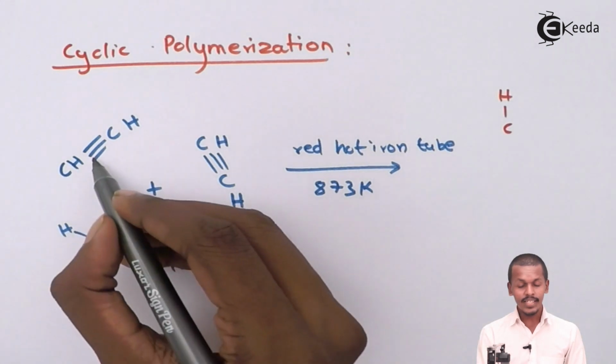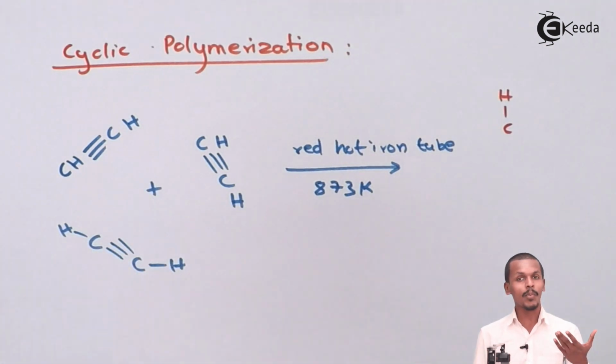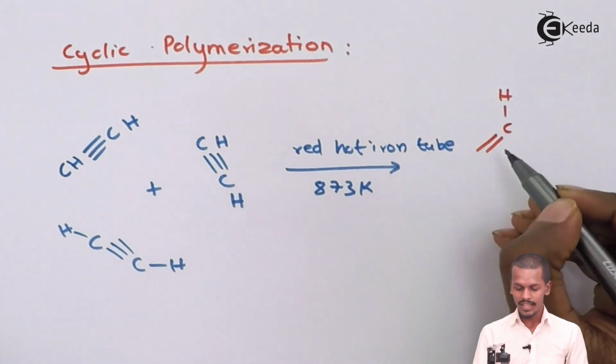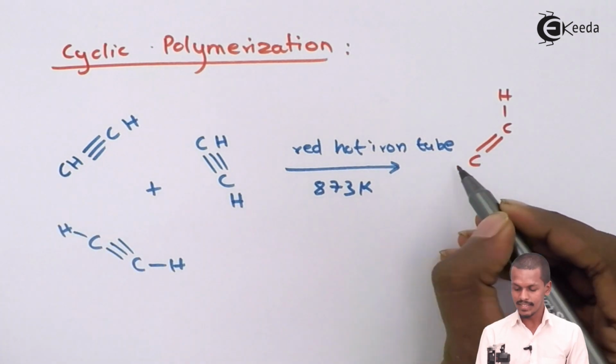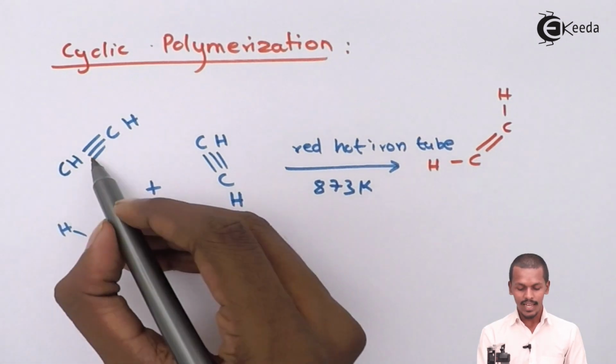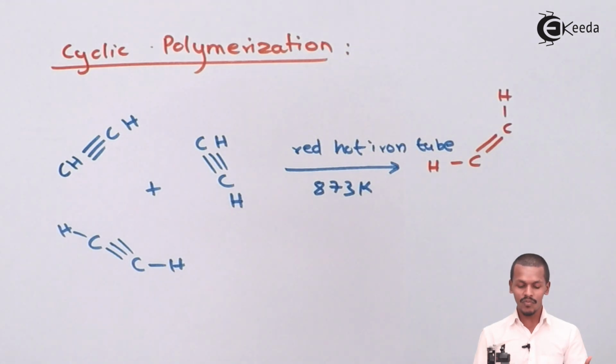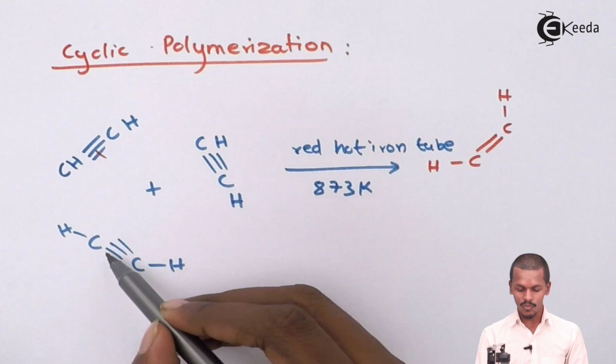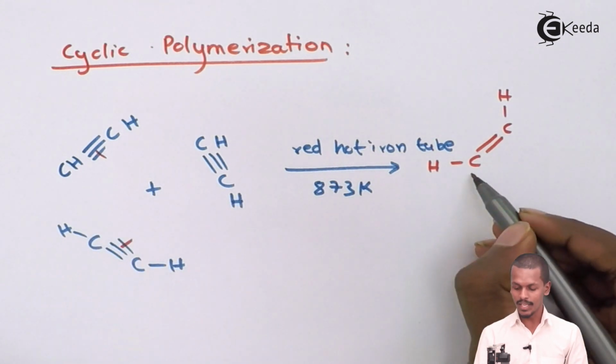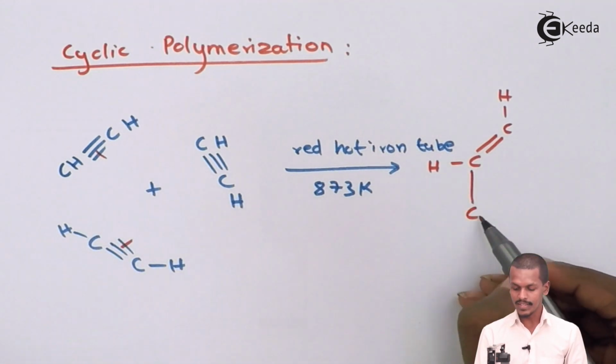As you can see, this carbon-carbon triple bond would break into a carbon-carbon double bond, and this one has CH, written over here. Again, the breaking of the bond would be in such a manner that the bond breaks from here and here, making a formation of one bond over here, so this is CH.